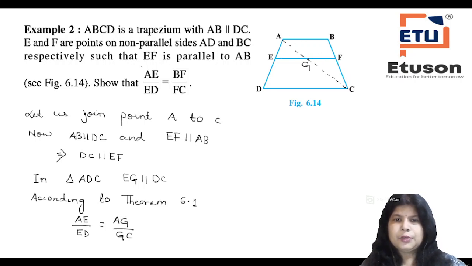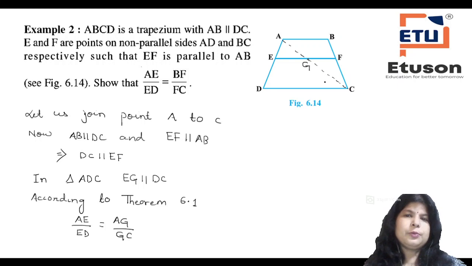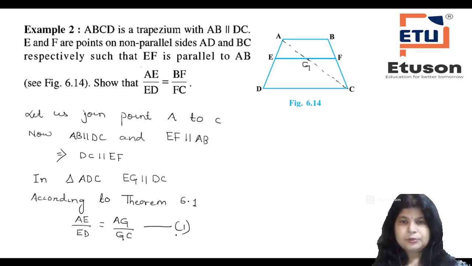EF is parallel to AB. That means GF is also parallel to AB. So now according to theorem 6.1, what you will get? This will divide the two sides in the same ratio. So you will get BF by FC is equal to AG by GC, right? So let us go to the next page.